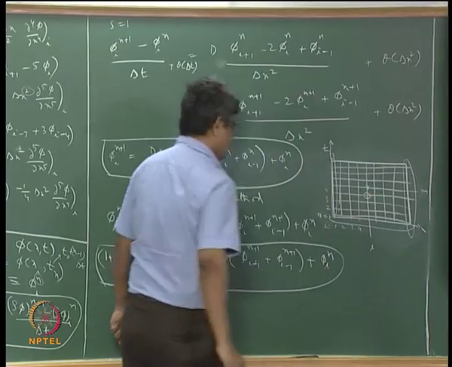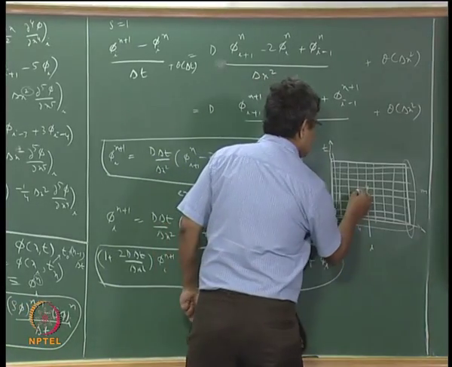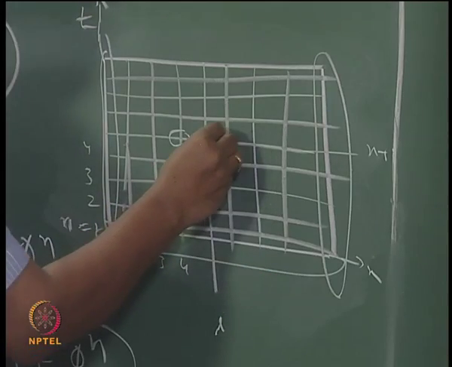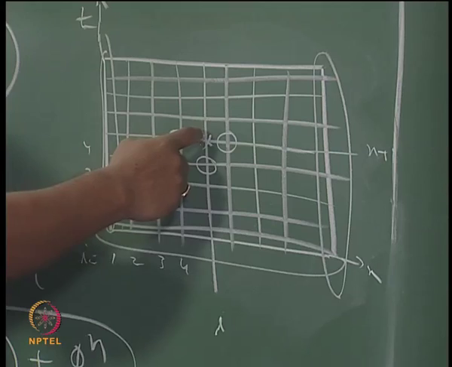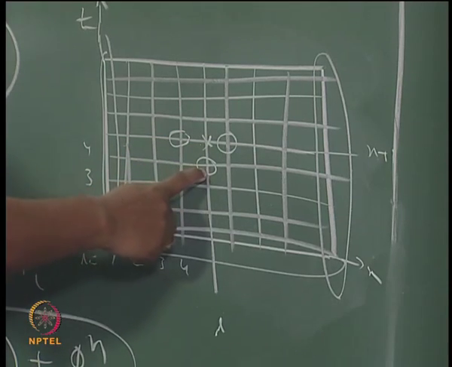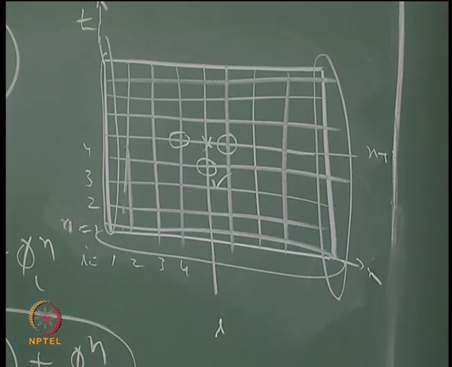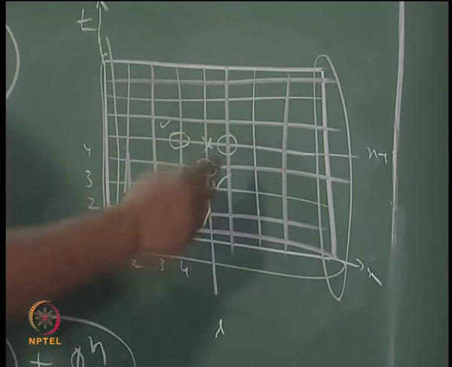So it is given in terms of that value, and I minus 1 n plus 1, so that is in terms of this value, and I plus 1 n plus 1 in terms of this value. Okay, so in order to compute this, you need to know the previous time step value, which we know, and the left value and the right value.